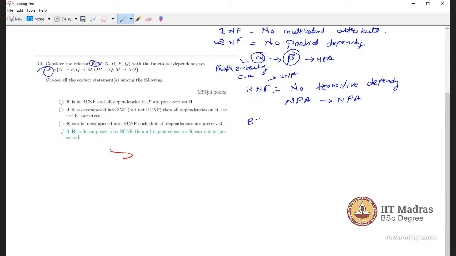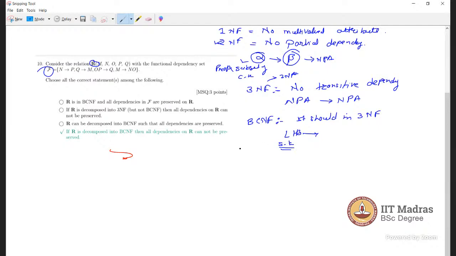Now in the case of BCNF, the left side should always be a super key. It should be in 3NF first, and the left side of any functional dependency should be a super key.